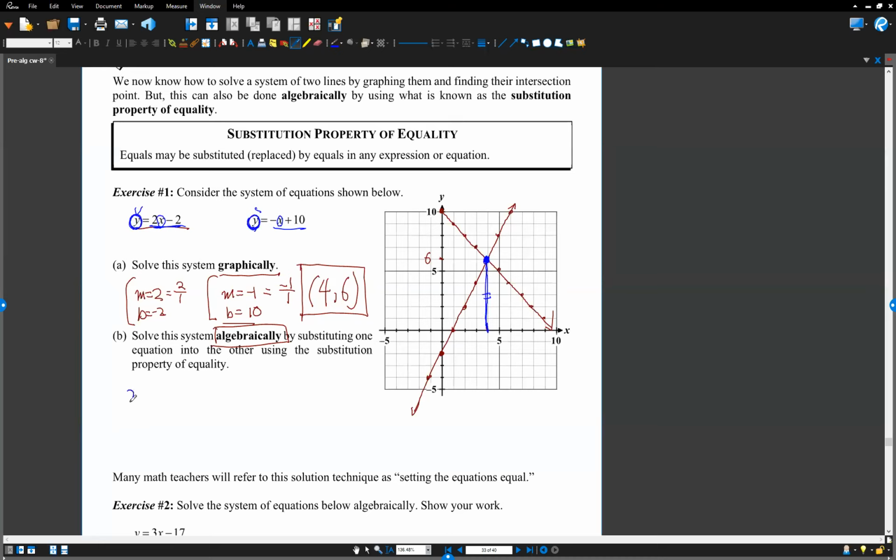Okay, now write this way. 2x minus 2 equals minus x plus 10 on this what? Intersection, on that intersection. That's why we make it equal, okay? Now solve it. Plus x, plus x.